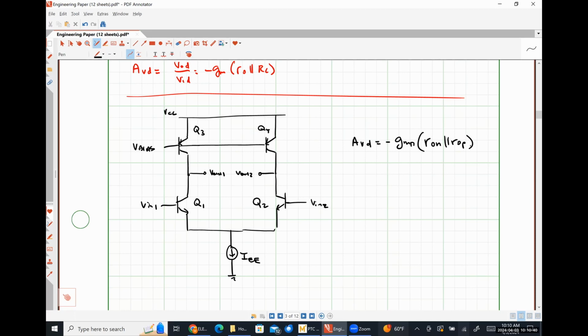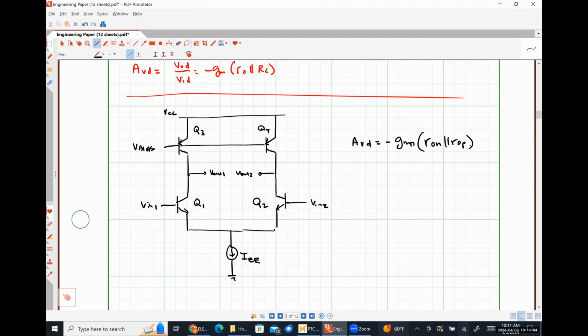But as long as our circuit is symmetrical, it's still going to behave in exactly the same way. Replace one. So cascodes on both sides, yeah. Then our differential mode voltage gain would just be the gain of a cascode amplifier. Yep.